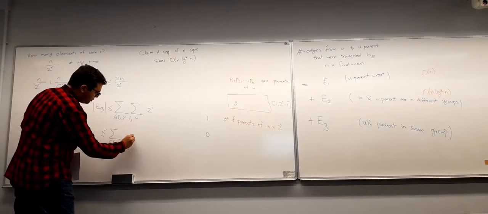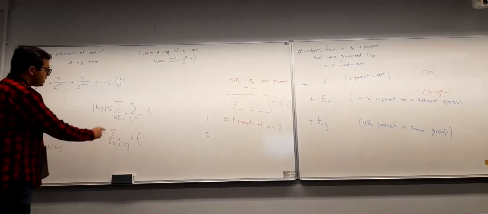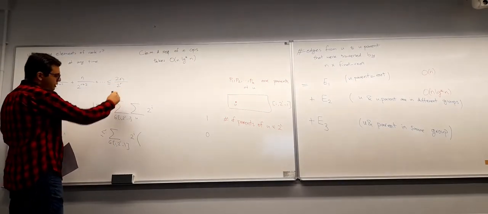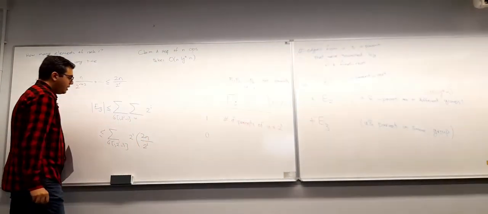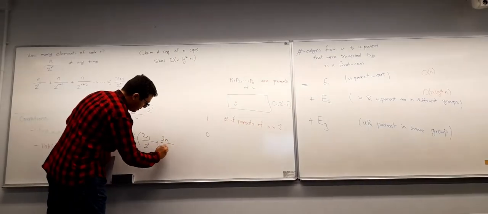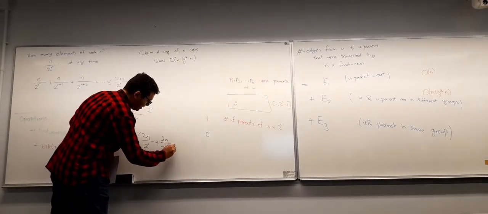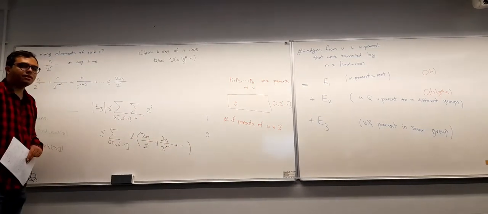So I have 2 to the power of I times, okay, how many elements of size I could I have? It's 2n divided by 2 to the power of I. How many of size I plus 1? 2n divided by 2 to the power of I plus 1, and so on. And it ends at some point when it gets to this.